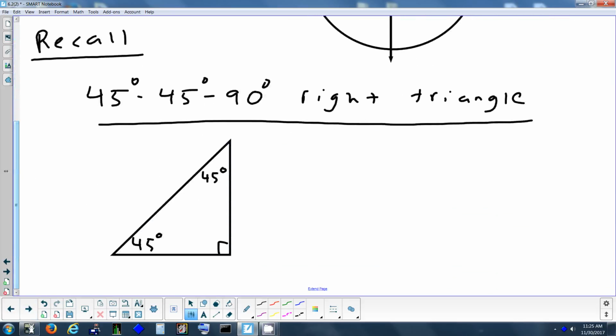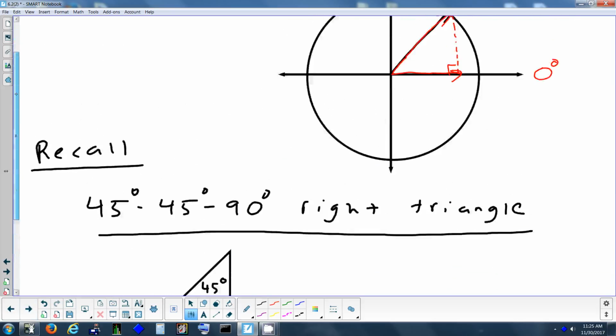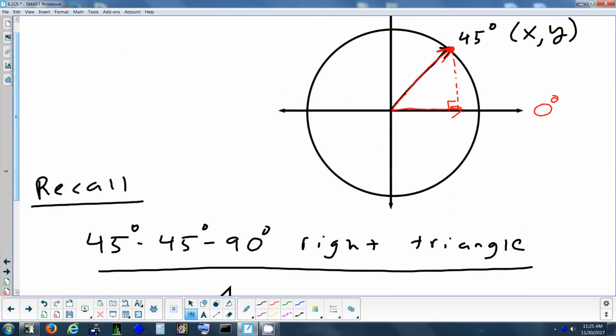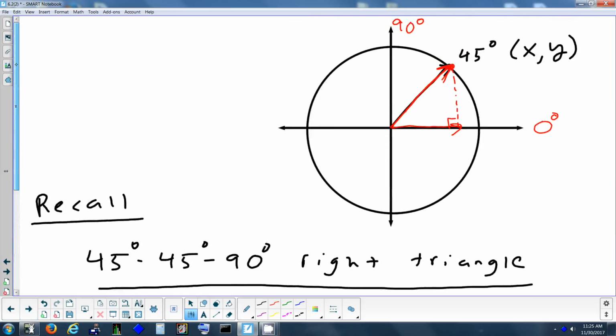Okay, and in a 45, 45, 90 right triangle, rather than going through the whole proof, which is not too bad, but I'll save a little time. Actually, you tell me first. How long is this side? 1. Why? It's the radius of the circle.